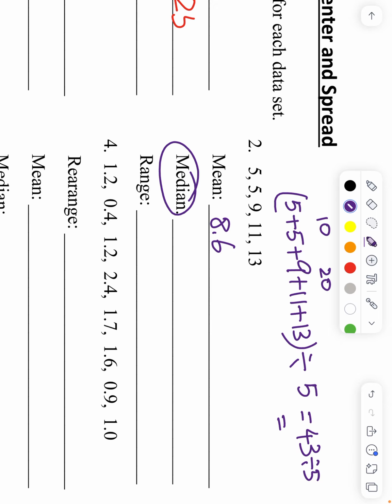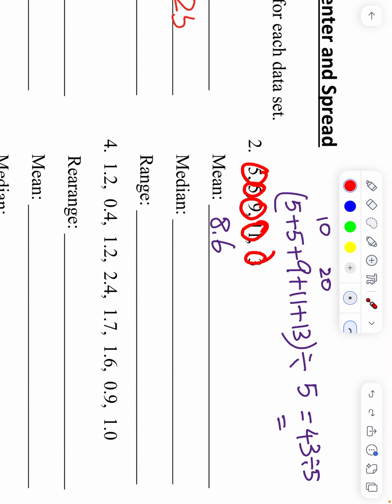Now, median. Number 2 is way better than the first one, because we have 5 numbers. I cross out the smallest one, the biggest one, and keep going. We have 9 in the middle, so the median is 9.